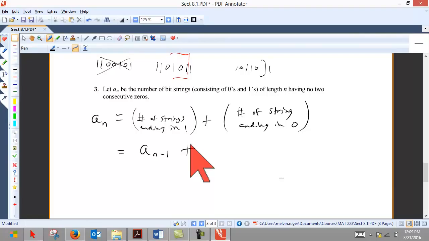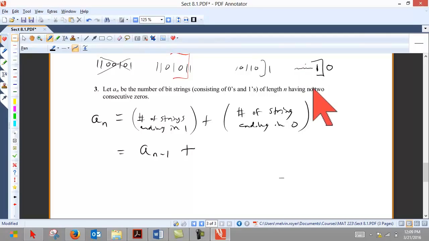okay, now I want to slap a 0 on the end. So let's think about that for a moment. What has to be true if I'm going to do something, something, something 0? Then the previous bit has to be a 1. And are there any restrictions on what's here before that 1?